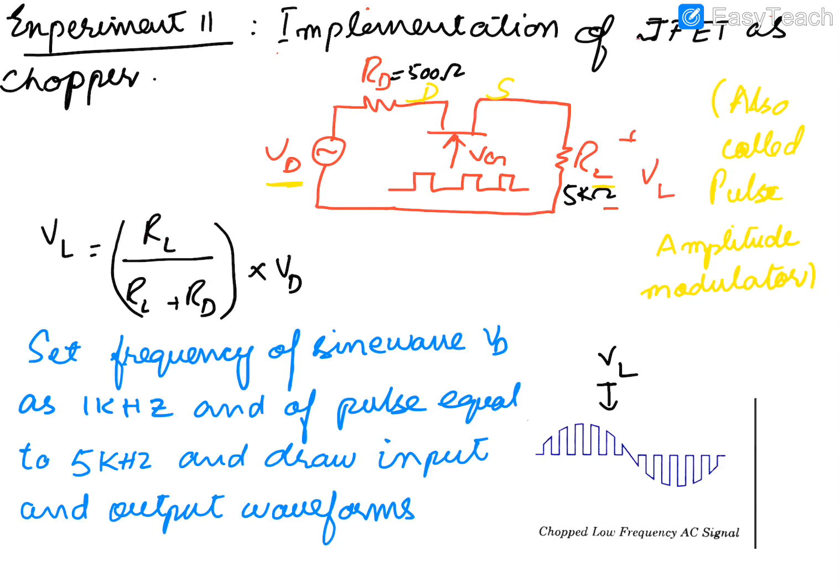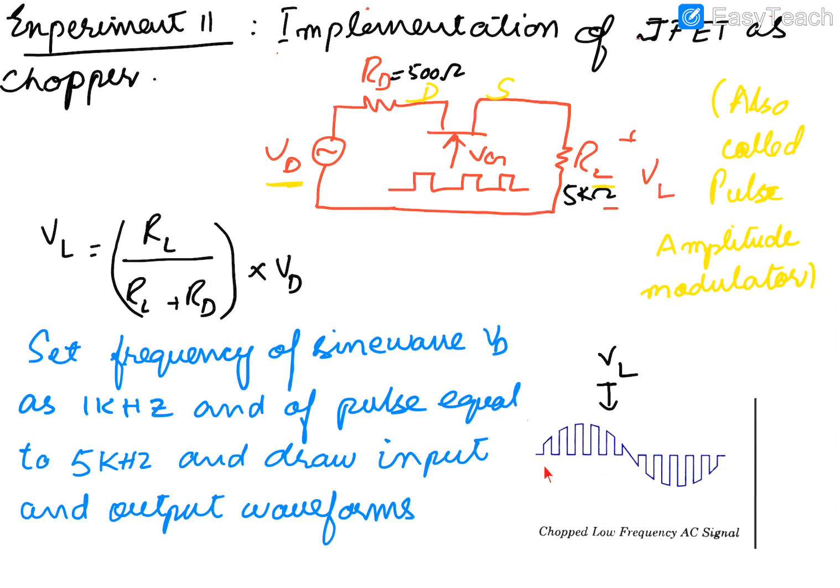In this I am keeping 5 kilo ohms RL and RD is 500 ohms. RL is much larger than RD, so there will be a minimum drop across RD and maximum drop across RL. So VL or output voltage will be maximum.